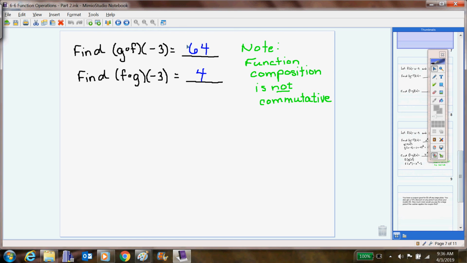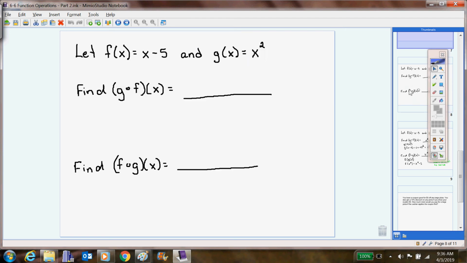This is great when you have one number and you're plugging in. The most natural thing is to just do the numbers one after the other. However, there are some times when they want you to do the general composite function. In other words, they want you to calculate what it would be in terms of x, so that you could then use that composite function to calculate values over and over again.